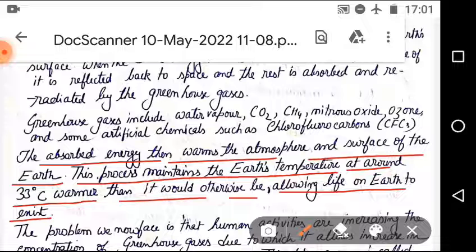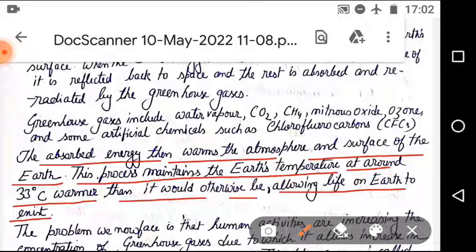If you compare with the other planets, excluding Venus, because Venus has acidic gases, that's why it traps so much of the energy from the sunlight. Plus, it is closer to the sun also. That's why it looks like a glowing star, right, this planet. But the rest of the other planets, their atmosphere is so much thinner that energy cannot be absorbed by them.